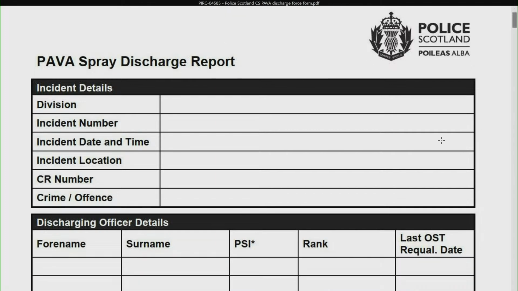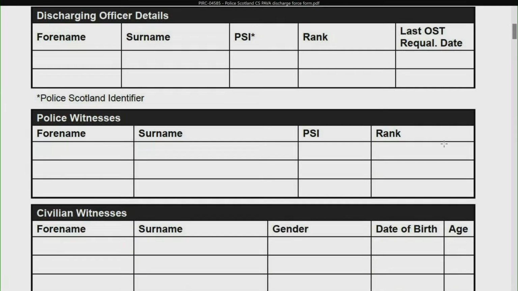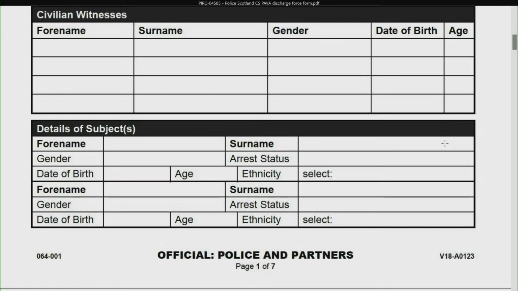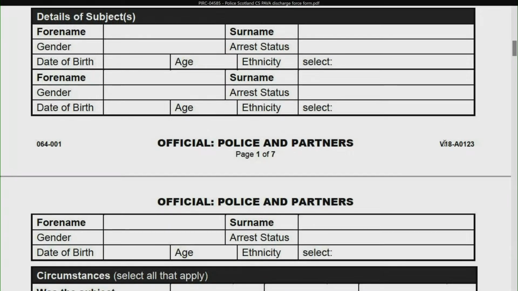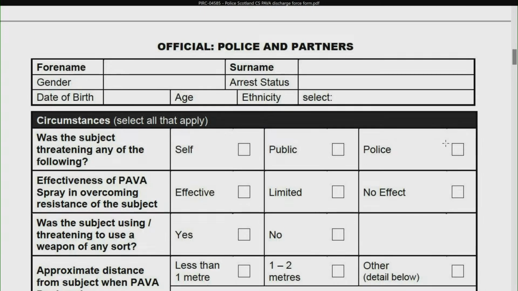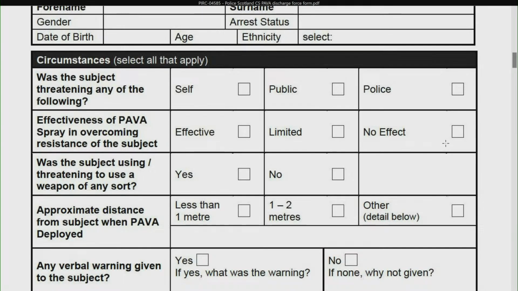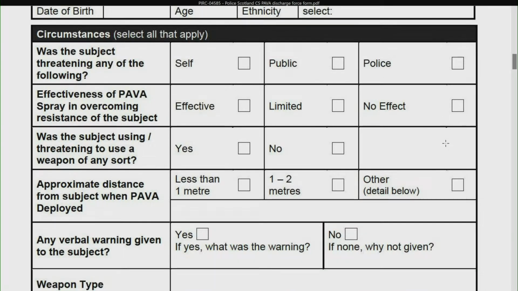Yes, yeah. And if we can move down the screen. There's a section which talks about the circumstances and provides some prompts, if I can put it that way, questions, which will assist perhaps an officer who's declaring use of force in relation to the spray. Yes, only in relation to the spray so far, unless it's further down the form.